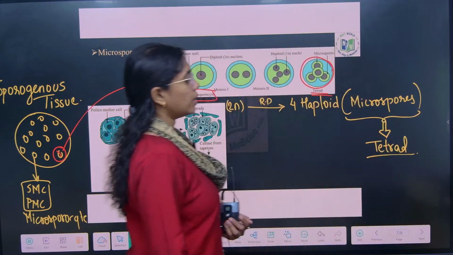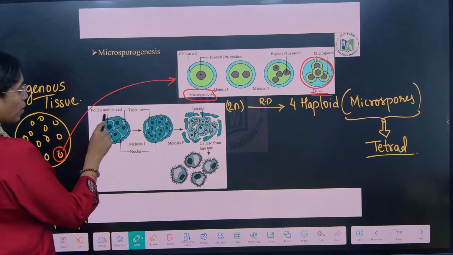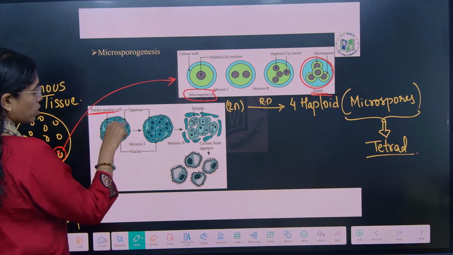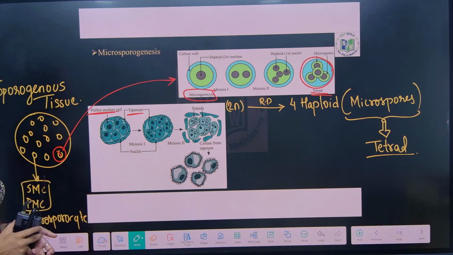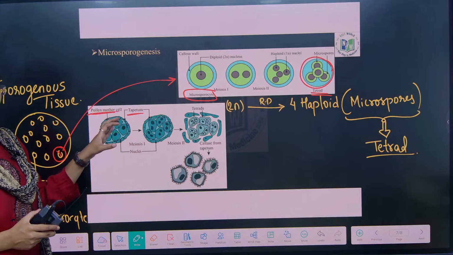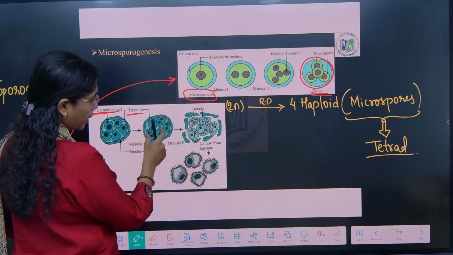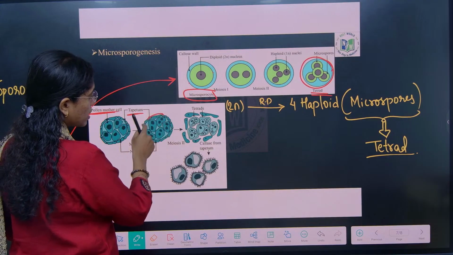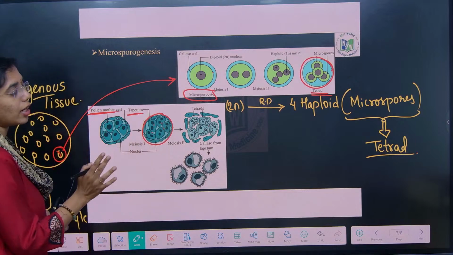Fine, right? In this tetrad condition, these are the pollen mother cells, and the outermost layer is the tapetum, which is multinucleated and polyploid. Here you see the tetrad formation inside the microsporocyte, but the microspores are not yet dissociated.